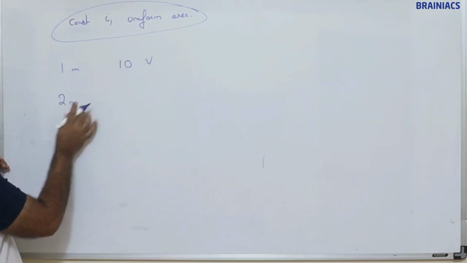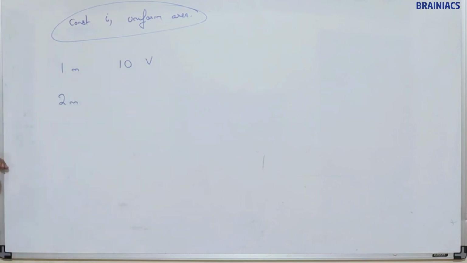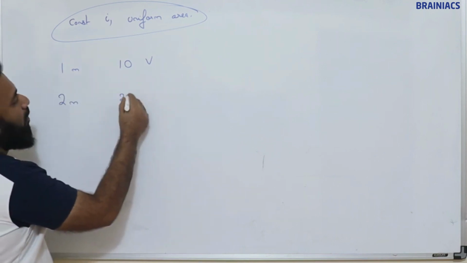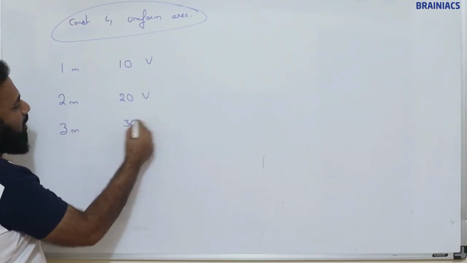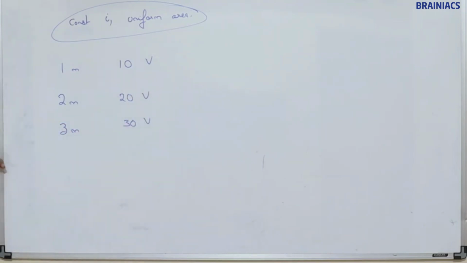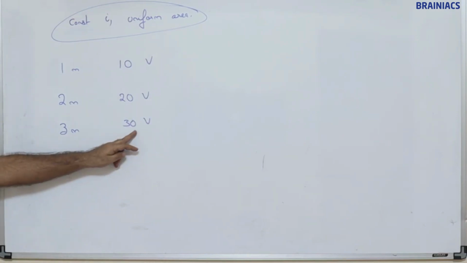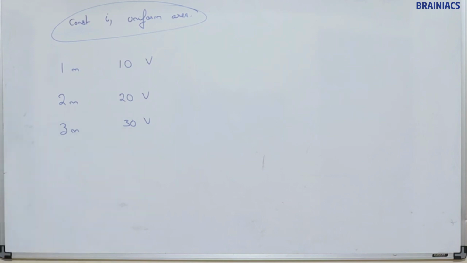We took 2 meter length of the same wire, same current passing, we got 20 volt. We take 3 meter, we got 30 volts. So as the length increases, what is happening? The voltage across, the potential difference across the terminal, is also increasing.